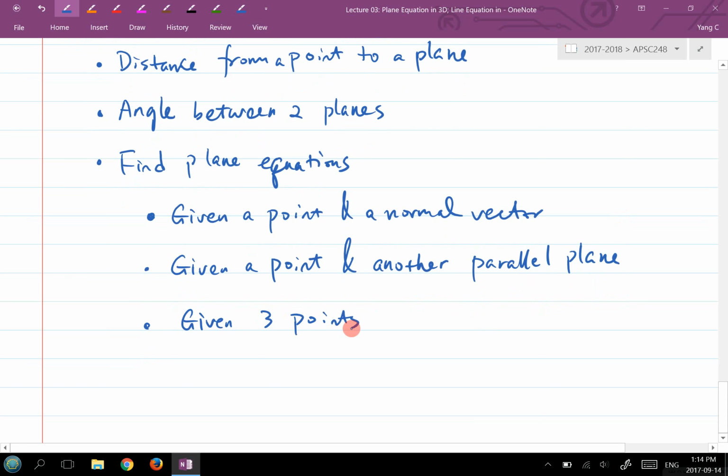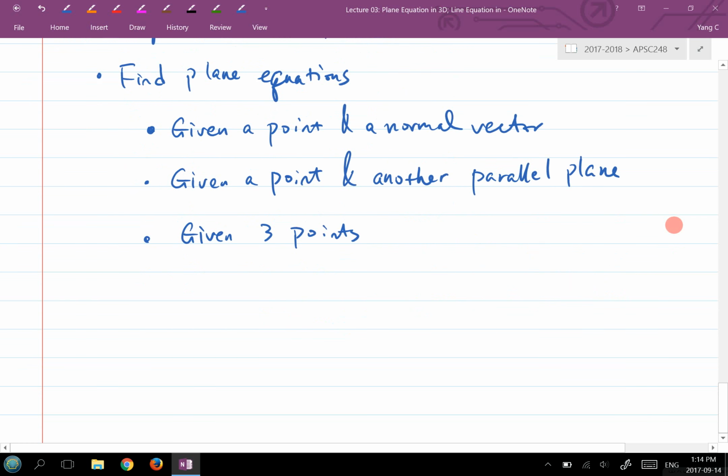Another one is what we did when we derived the plane equation. You're given 3 points, and you construct a plane that goes through those 3 points. How do I construct the plane? The first thing that comes to mind is, in order to construct a plane, I need a point on the plane. I also need a what?